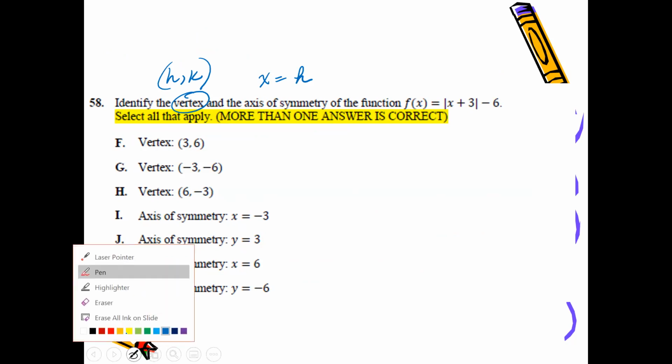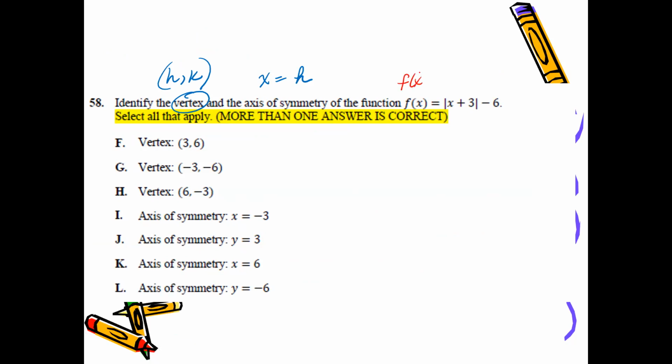Okay, so then what you're going to do is you're going to write down f of x is equal to plus or minus a times (x minus h) plus k. Okay.